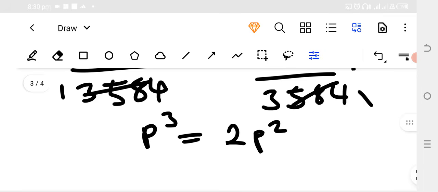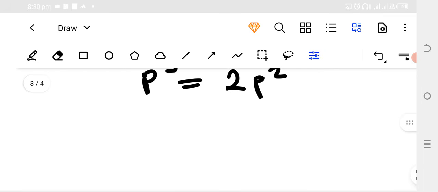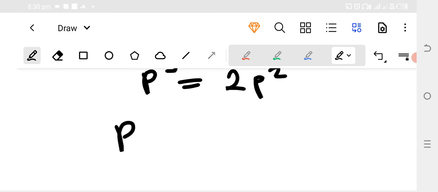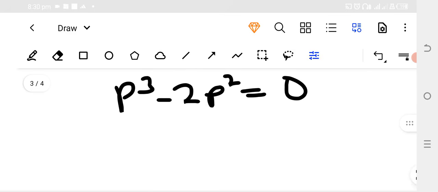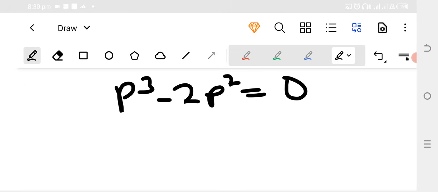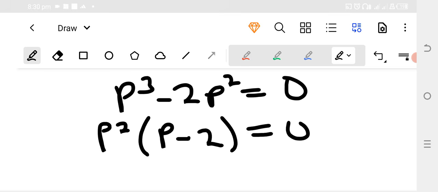And then since we have p cubed there, we can group them together. p cubed minus 2p squared must equal 0. Factor out the smaller power, which will be p squared, times p minus 2 is equal to 0.